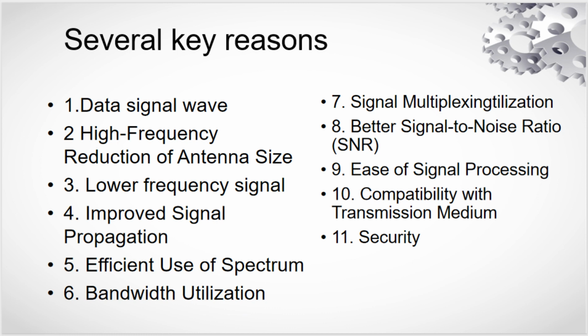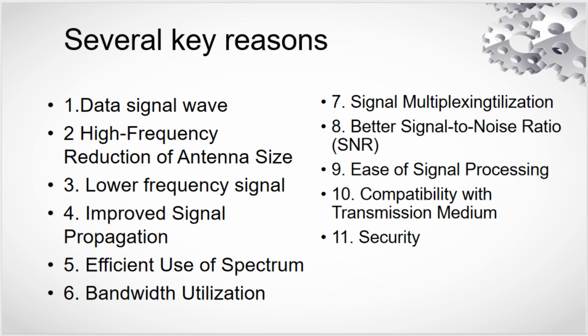Point number 6, bandwidth utilization. For efficient bandwidth usage, modulation techniques can be designed to use the available bandwidth efficiently. For instance, higher order modulation schemes like QAM, quadrature amplitude modulation, can transmit more bits per symbol, increasing the data rate within a given bandwidth.